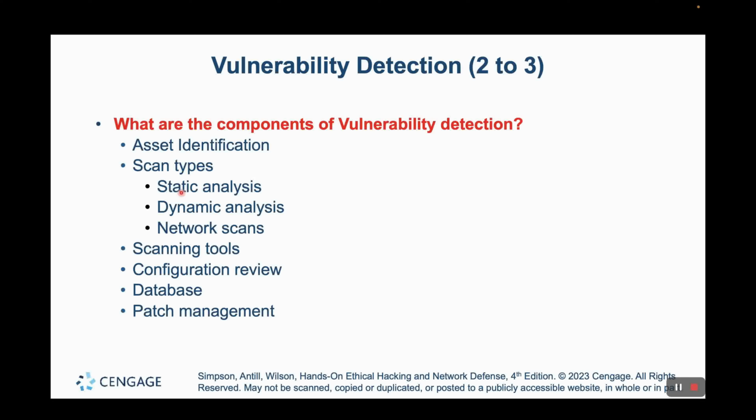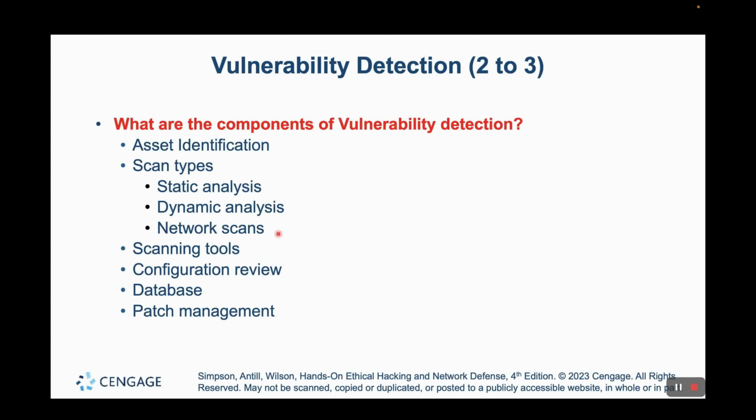This involves scanning the source code, bytecode, or binary code of the application without executing it. There is also dynamic analysis, known as dynamic application security testing, which involves scanning the application during runtime to identify vulnerabilities.